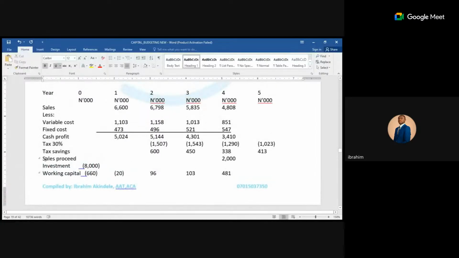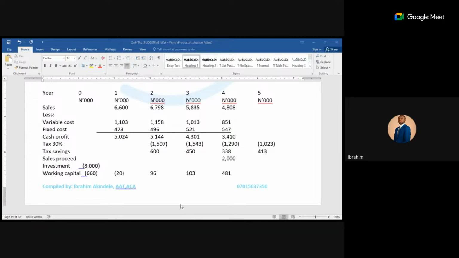Please don't make the common mistake. Class, the common mistake is that some students will bring this sales proceed in before they even put it here after the variable cost. They will still charge tax on sales proceed on an asset.